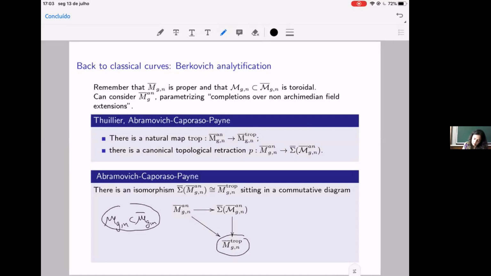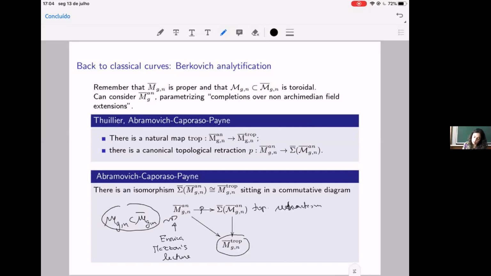And then using the geometry of this compactification, you can construct the Berkovich analytification of the moduli space, M_{g,n} bar analytified. This you maybe saw in Enrica Mazzon's lecture two weeks ago. So you can consider this analytification. This comes with a topological retraction to a generalized cone complex.